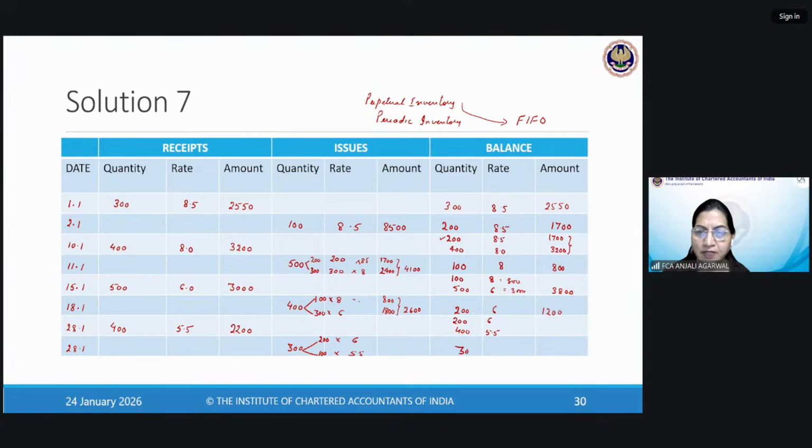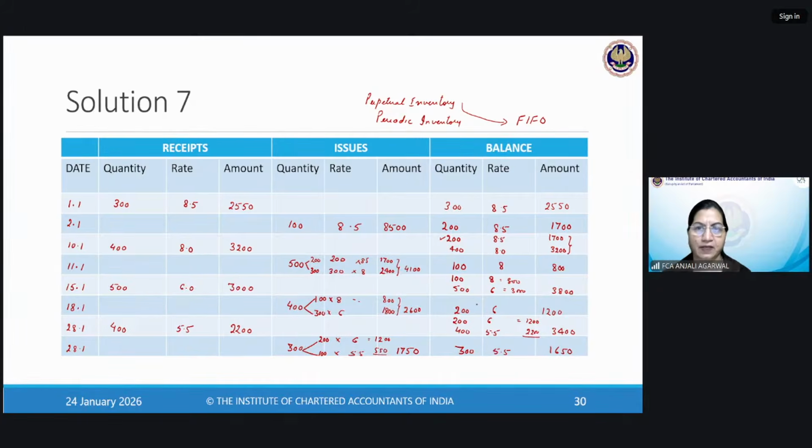Balance remaining would be 300 at the rate of 5.5, 1650. 3400 minus 1750 is 1650.